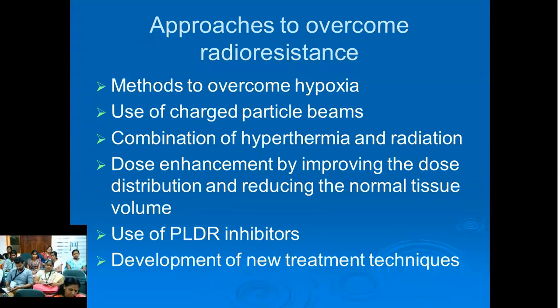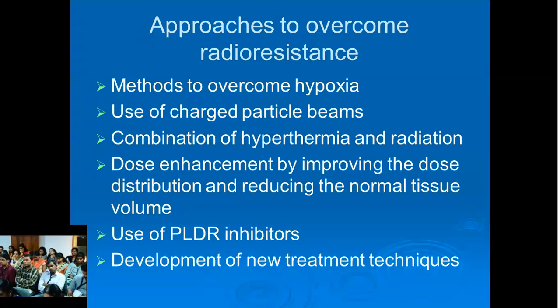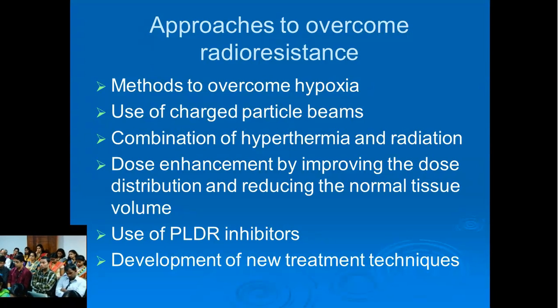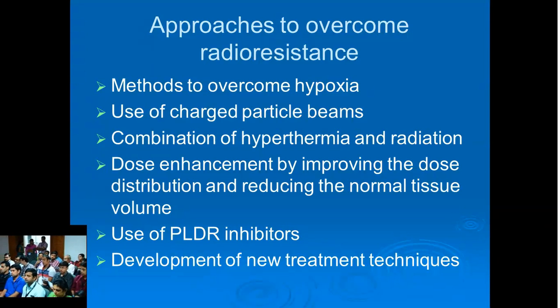That is one of the efforts, because you can definitely deliver a good amount of the dose to the tumors and reduce the exposure of the normal tissues by improving the dose distribution. We call it the dose distribution advantage.